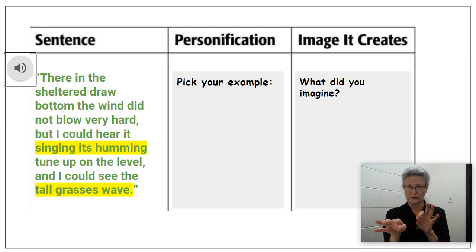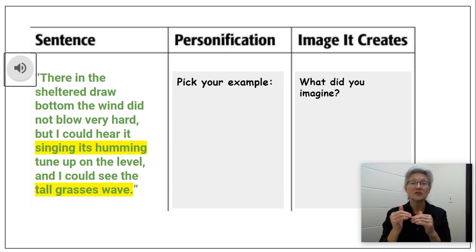I highlighted both of them as a guide. So the first thing that I highlighted was the fact that they're saying that the wind is singing its humming tune. The next example was the tall grasses wave.